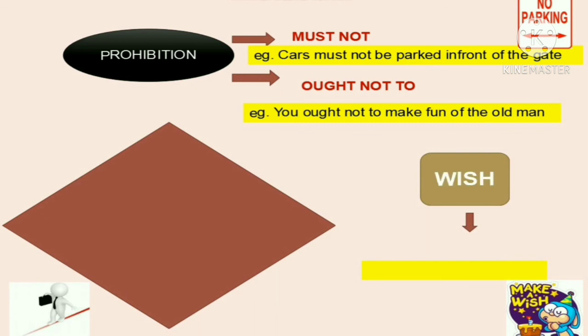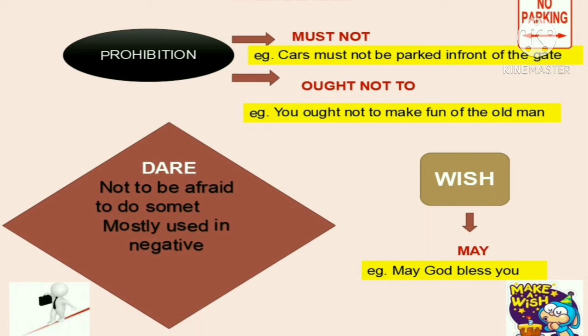The modal used here is may. Example, may God bless you. Coming to next now, dare. Dare is a modal meaning not to be afraid to do something. It is used mostly in negative sentences and in questions. So I hope it's clear now, everything to you.